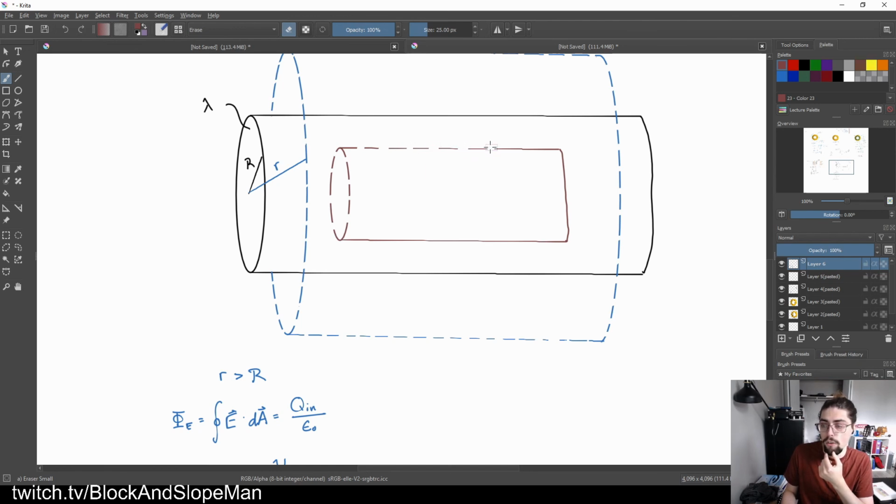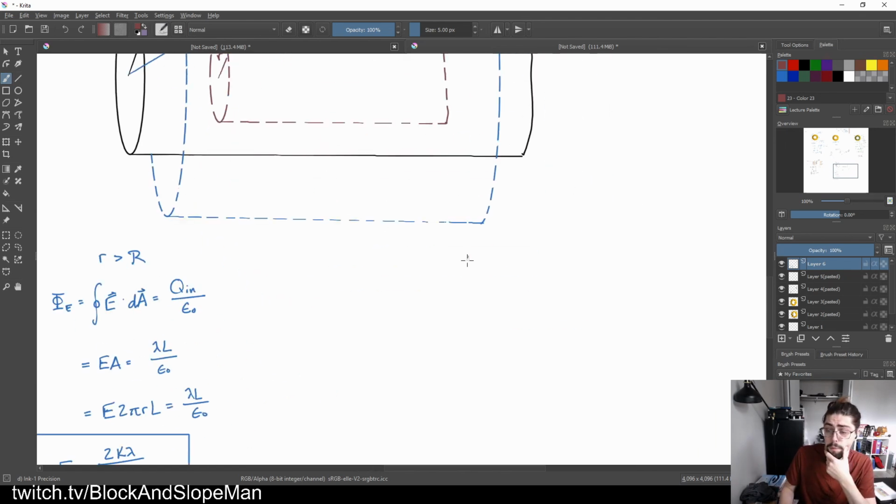We're not removing the actual wire. The Gaussian surface is a construct to help us solve problems. So something like that, right? And let's pretend that this back half is actually rounded. Now, we're running into this thing where R is smaller than the radius of our object, which means it's going to be a little bit more weird.